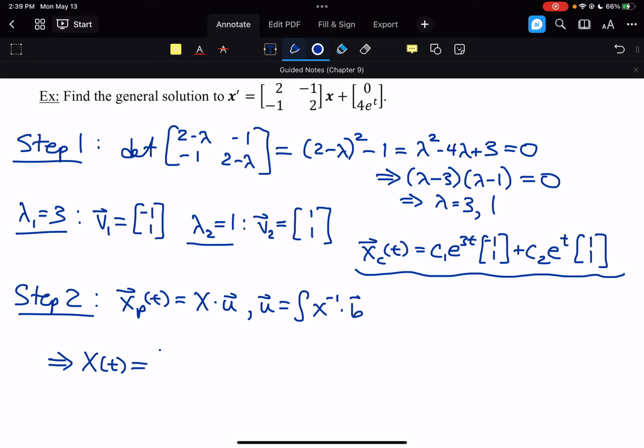So X of t is going to be negative e to the 3t and e to the 3t, and e to the t and e to the t. Right? Because we get that and that.